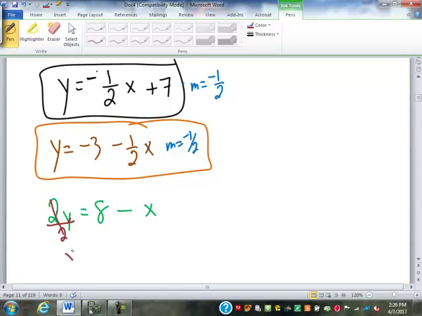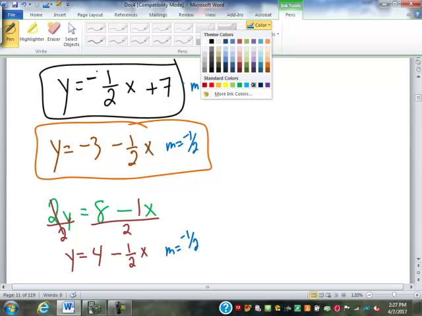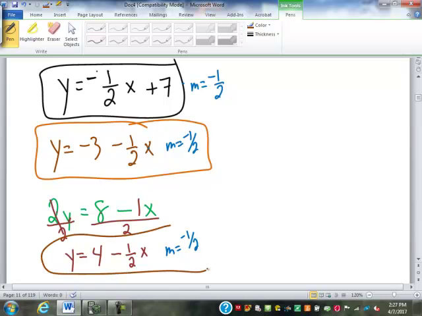We'll make the 2 go away and leave the y alone. When I divide, though, I have to divide every digit on each side by that number. So 8 divided by 2 is 4. I think of this as being a negative 1x. So negative 1x divided by 2 is negative 1 over 2x. What's the slope of that line? Negative 1/2. Is that parallel? Sure is. It has the same slope.